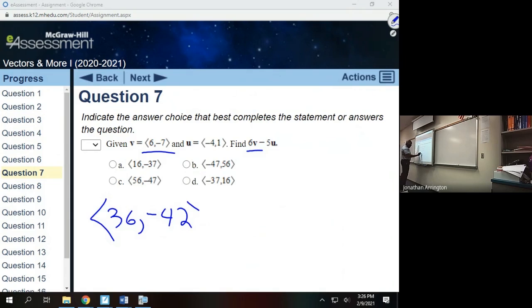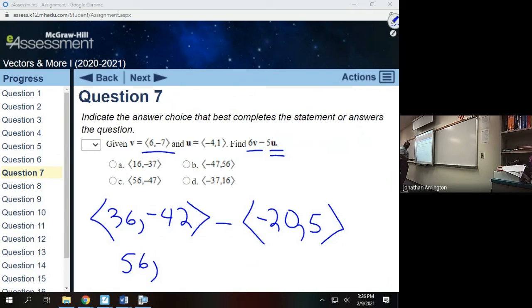No one disputes that. Okay, 5u, so multiply 5 by u, that's negative 20 comma 5. Subtract. 36 minus negative 20 is 56. 42 minus 5 is negative 47. That's pretty easy. That's the way I do it.